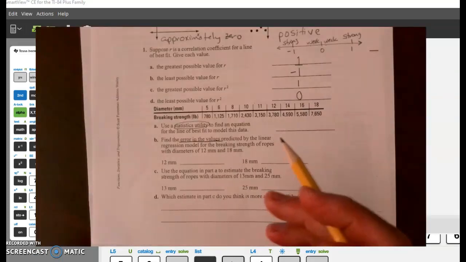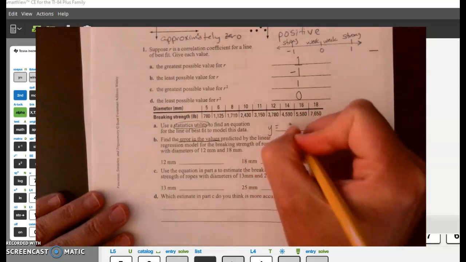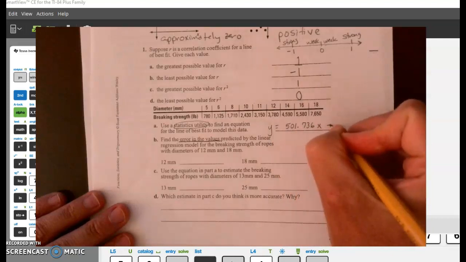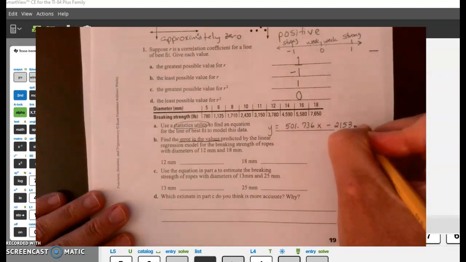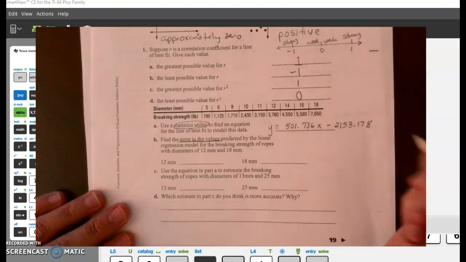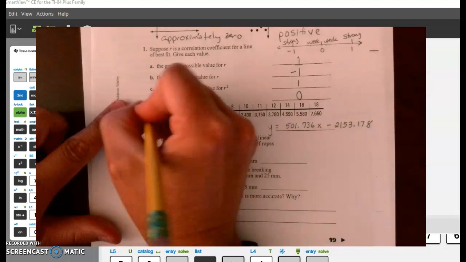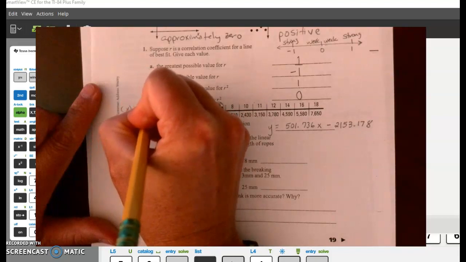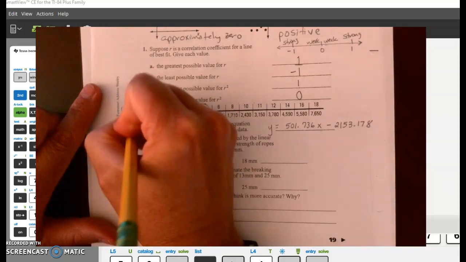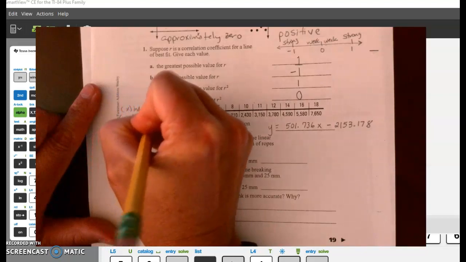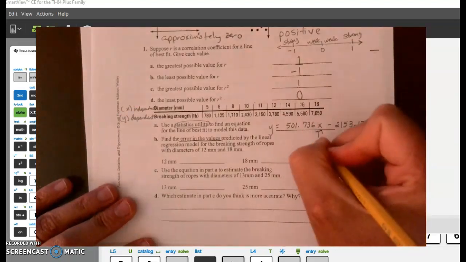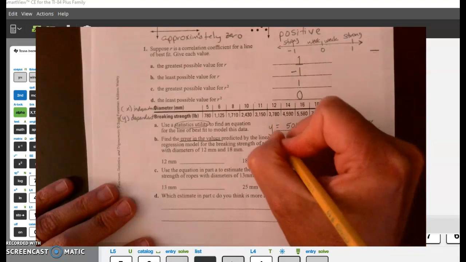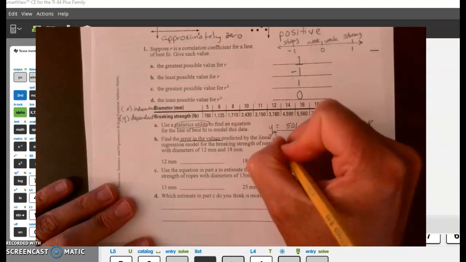So my equation is y equals 501.736x minus 2,153.178. X, my independent variable, was diameter, and y, my dependent variable, was breaking strength.